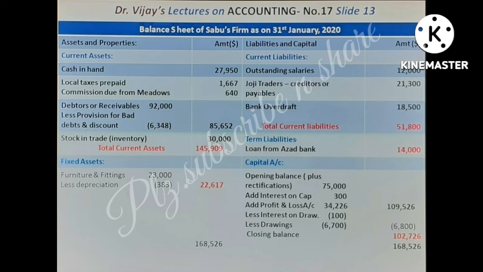This slide shows the balance sheet of Sabu's firm on 31st January 2020. On the left-hand side are assets and properties, divided into current assets and fixed assets.